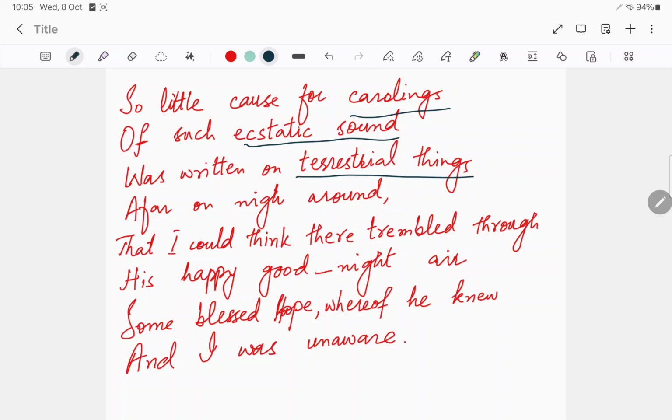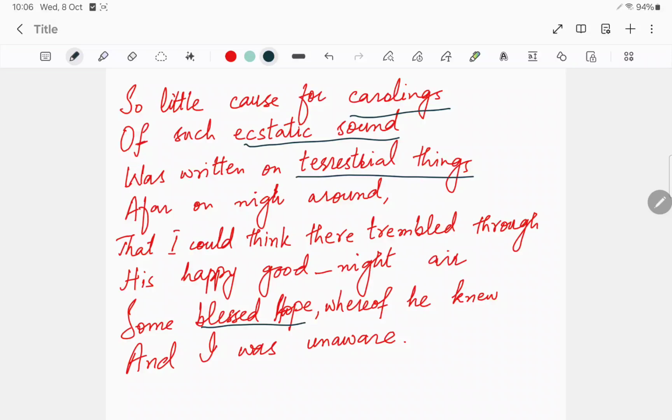Even for long distance, the poet could not see anything that would make him joyful or happy. And even then, yet the thrush actually continues to sing as if it knows of some hidden, as he says, blessed hope, that the poet obviously is saying, and I was unaware.